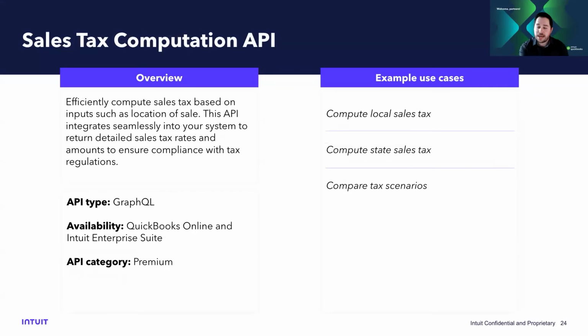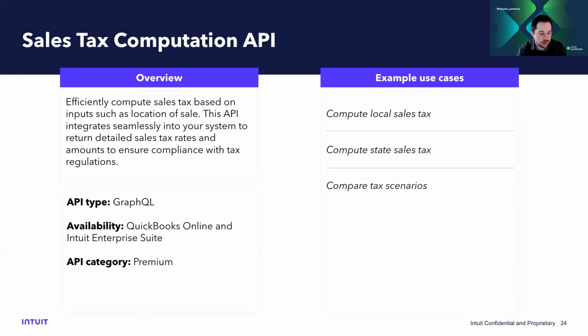Next, we have a sales tax computation API coming out. This will allow you to efficiently compute sales tax based on inputs such as location of sale. It will ultimately work seamlessly with your system to return detailed sales tax rates and amounts. So this won't just show an aggregate, but it will actually break down in great detail the different tax rates, the different agencies, and the different amounts based on the inputs that you have sent.